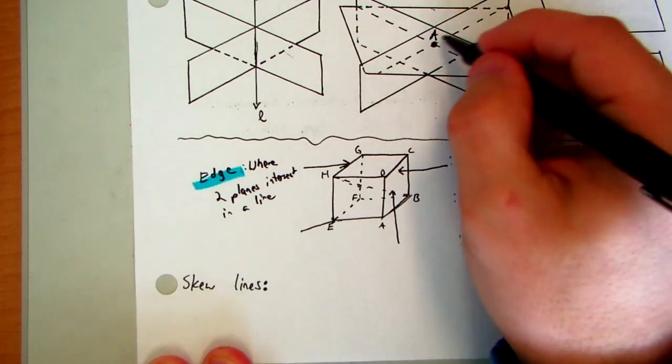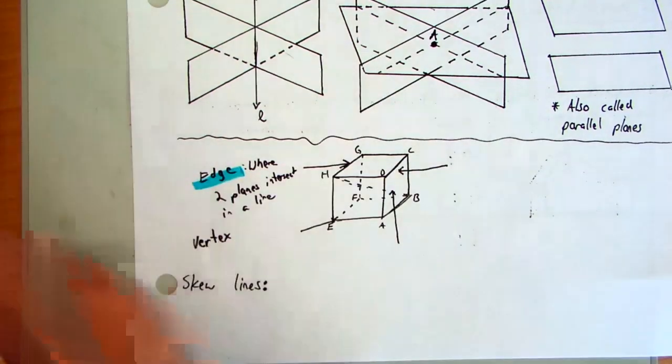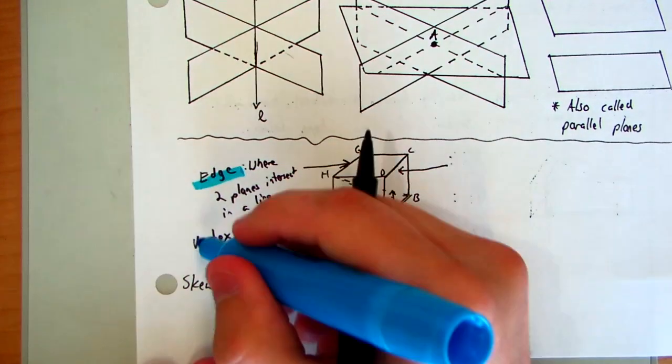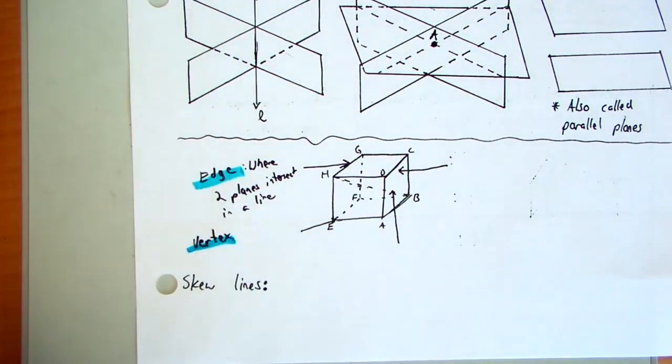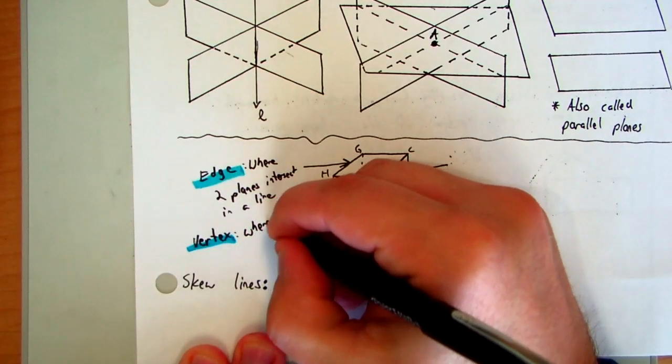I'm going to highlight that because that's an important word. And a vertex is where 3 planes intersect at a point.